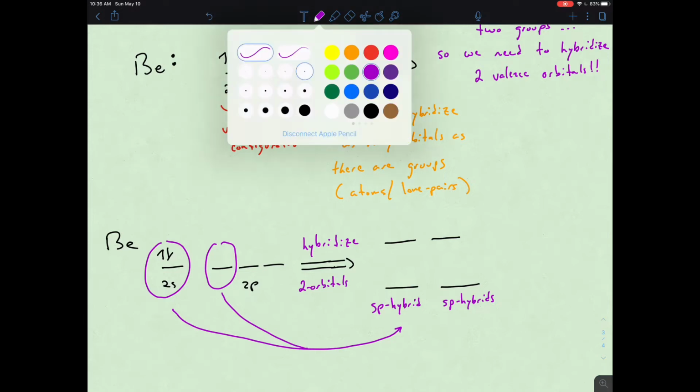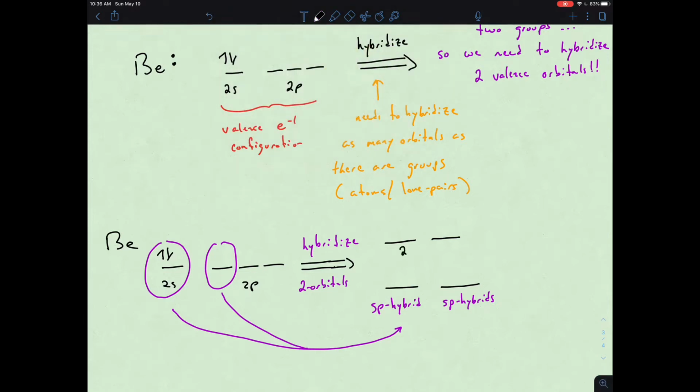At the very top, we still have the 2p orbitals that are left over that we haven't really touched. So we start with 2s and 2p. If you count the orbitals, there are 4 of them there. And we still have 4 orbitals here on the opposite side of the hybridized arrow, 2 of which that we've combined and created 2 new orbitals, and then 2 that we have left alone.